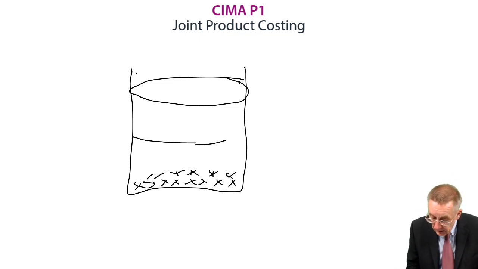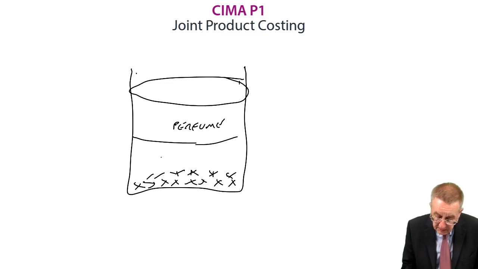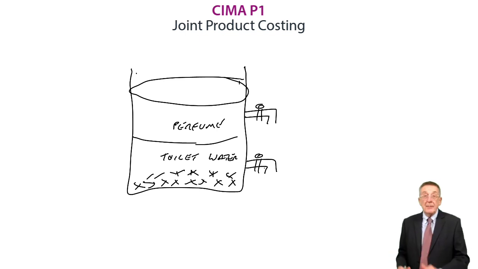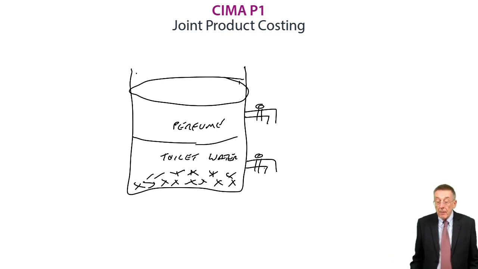So perhaps all the top bit is perfume, and all the bottom bit is this toilet water, eau de toilette. And then they have two taps.